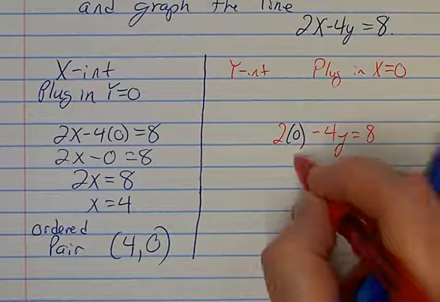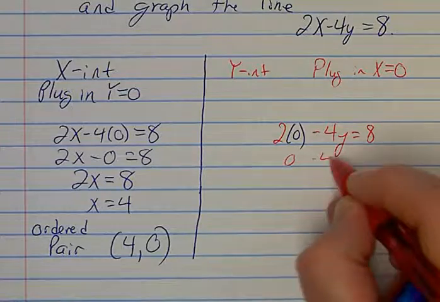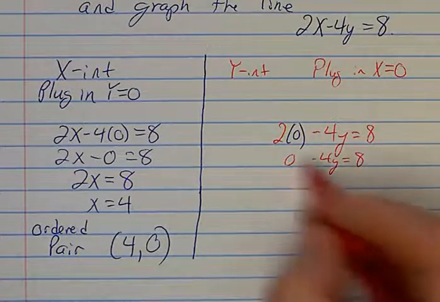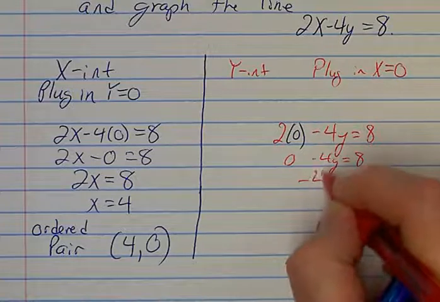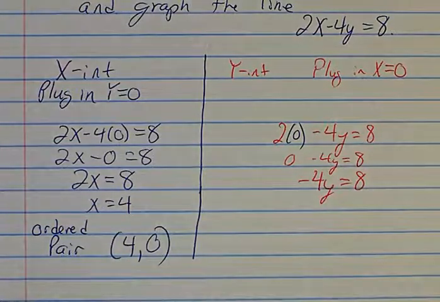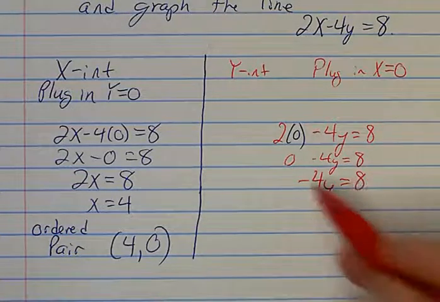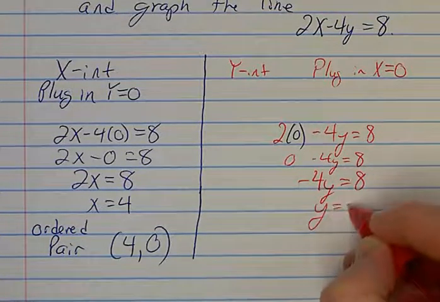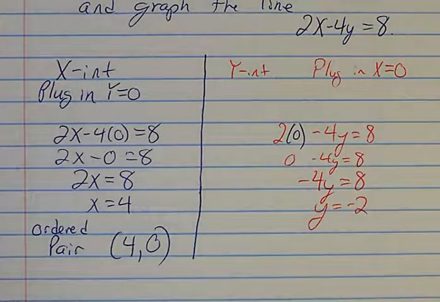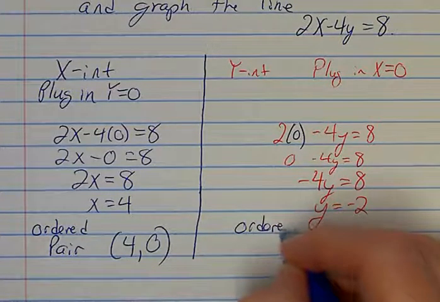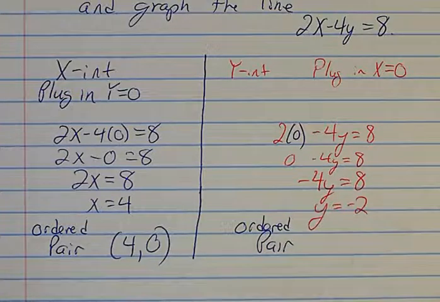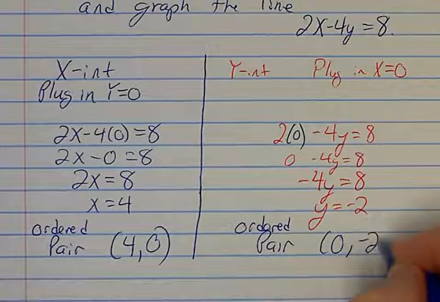Again, that'll make that term 0. If it's 0 minus 4y, that 0 doesn't do anything. That is just negative 4y equals 8. Now you take 8 divided by negative 4, so the y value is negative 2. For your ordered pair, we let x equal 0 and the y value was negative 2.